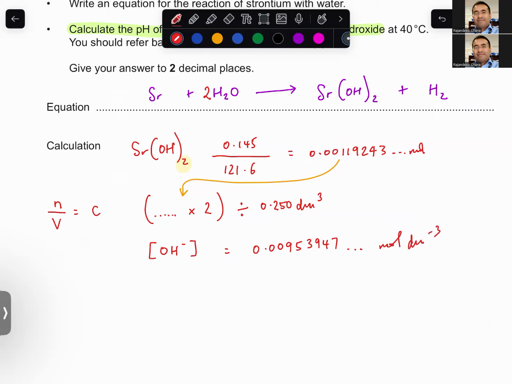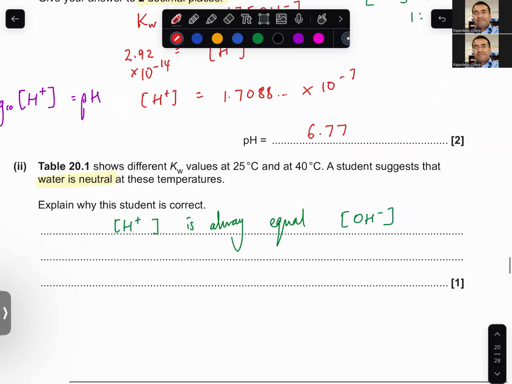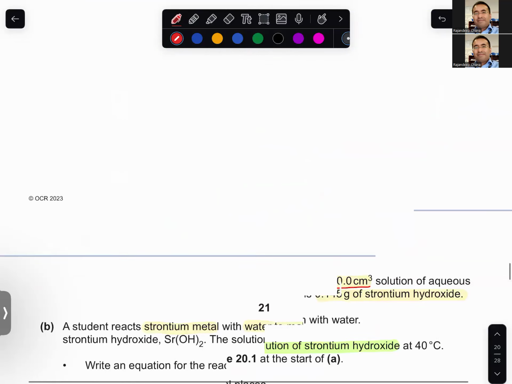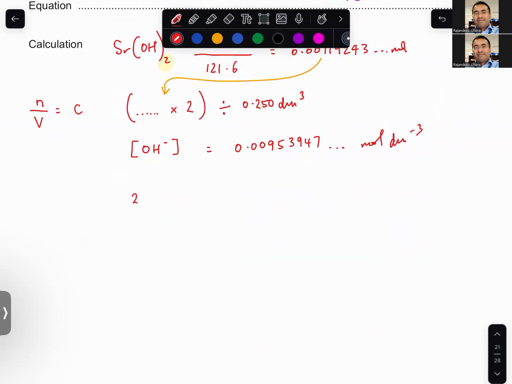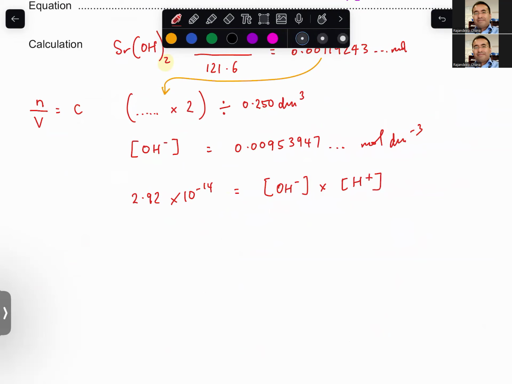And so Kw in this case is 2.92 times 10 to the minus 14, which is equal to the concentration of the hydroxide ions multiplied by the concentration of the H plus ions. We're going to plug in this value. This value goes in here.